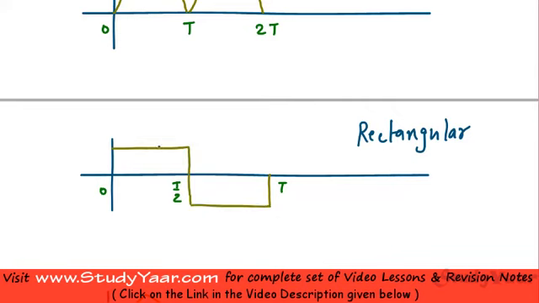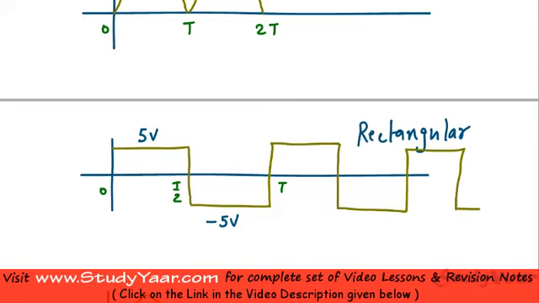So if this is 5 volts, it remains constant for T by 2 at 5 volts, and for the next T by 2 seconds it remains constant at minus 5 volts. So that's a rectangular waveform. This is also going to go on forever. It's going to be something like this.